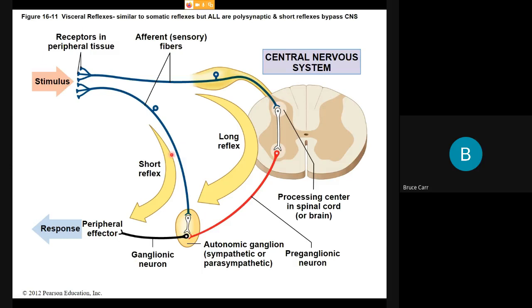This introduces a new kind of reflex. We've seen spinal reflex and we've seen cranial reflex so far. But this is a different kind of reflex that actually supports a thing called local control.